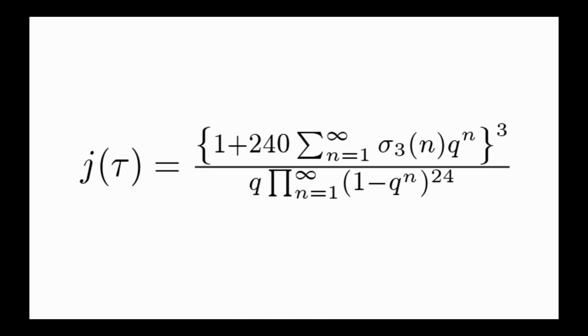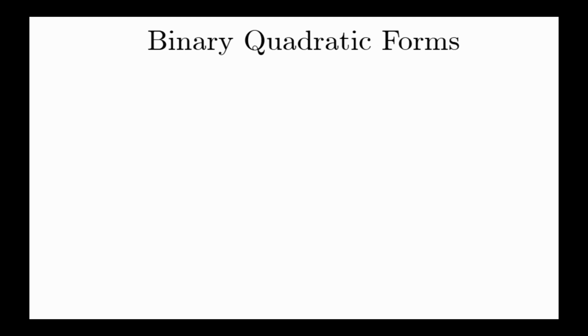And what we have done so far is to show that this mysterious j function actually arises very naturally from elliptic function theory. So now that we have seen how the j function arises from elliptic function theory, we still have to talk about the class numbers in binary quadratic form theory.